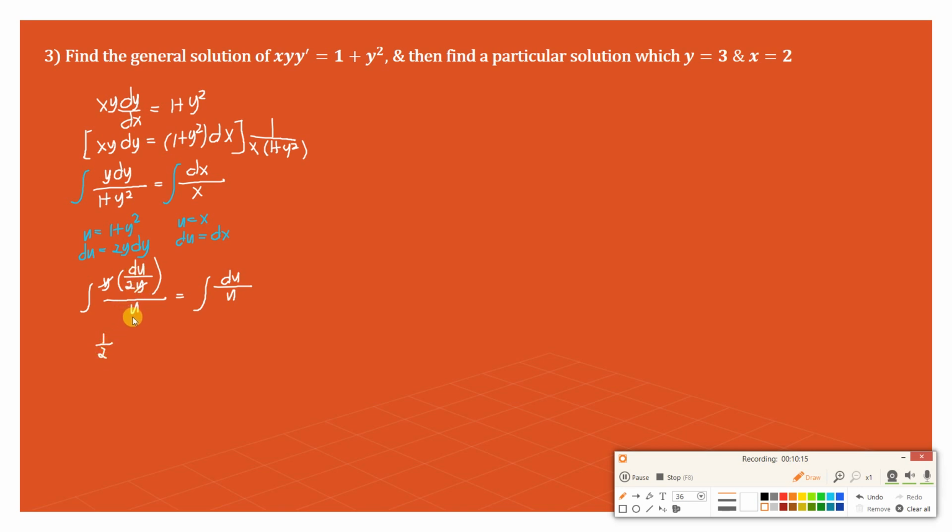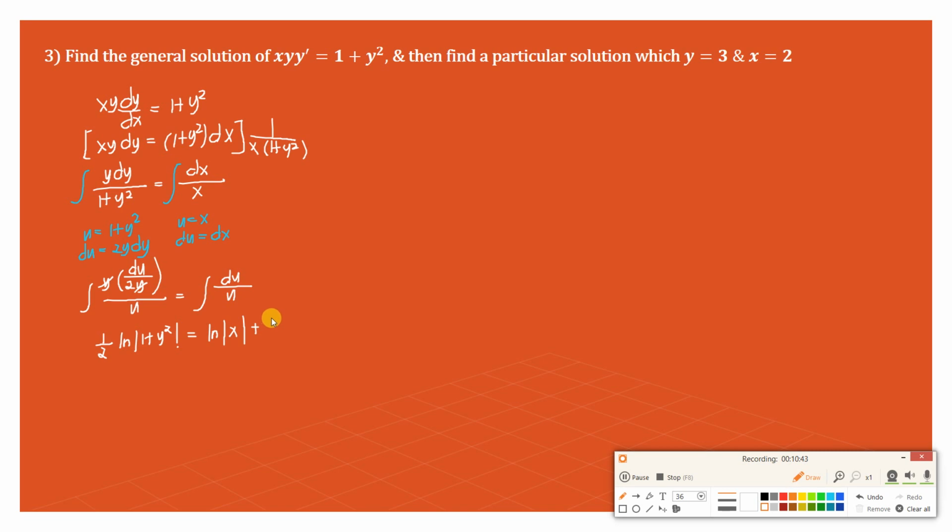Matitira du over u, and integral of du over u is ln absolute value of u, where u is 1 plus y squared. Equals du over u again is ln absolute value of u, but our u here is x. Okay, yung c, ayan, plus c.